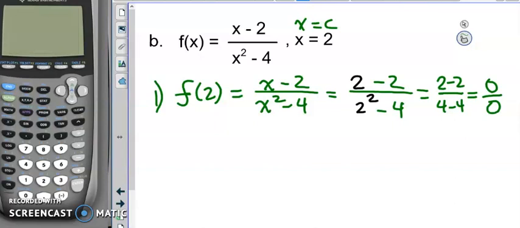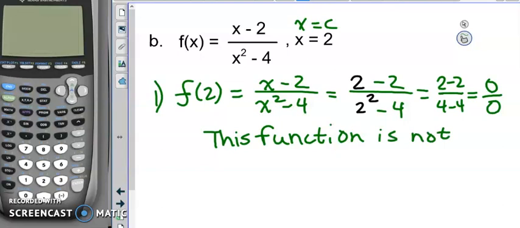So here, this function is not continuous at x equals 2.